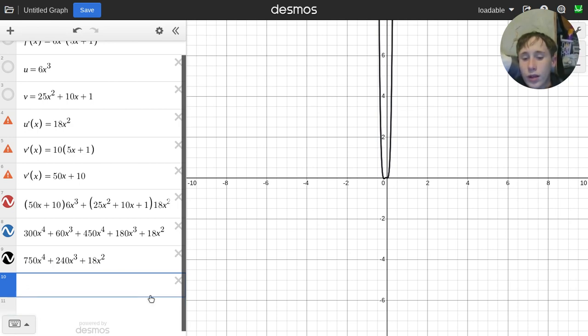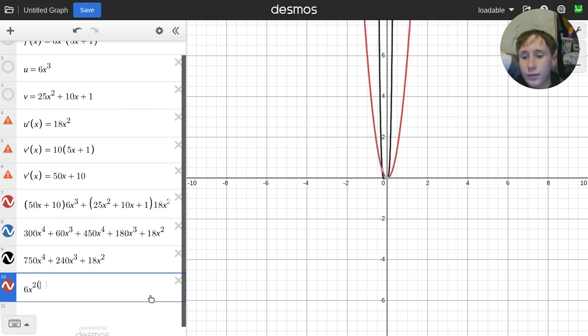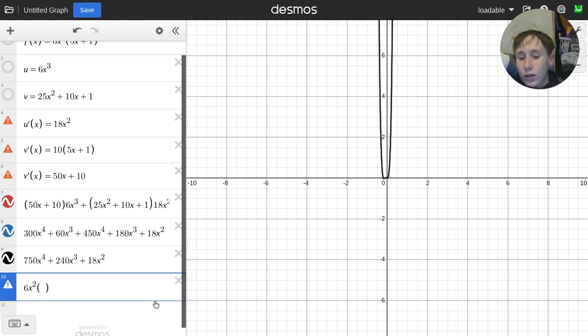So it's going to be 6x squared times 125x squared plus 40x, and then plus 3. Does this have any common factors? No, it does not. So that is going to be our final answer.